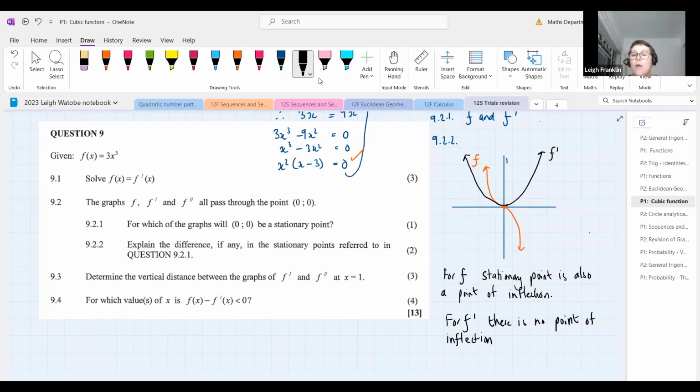But additionally, for the graph of the cubic function, it is also a point of inflection, where the graph changes concavity from concave up to concave down, whereas your graph of the first derivative is only concave up. It's never going to be concave down. That's what they want from you. Does that make sense? Yes, it did. Thank you. Cool, it's a pleasure.